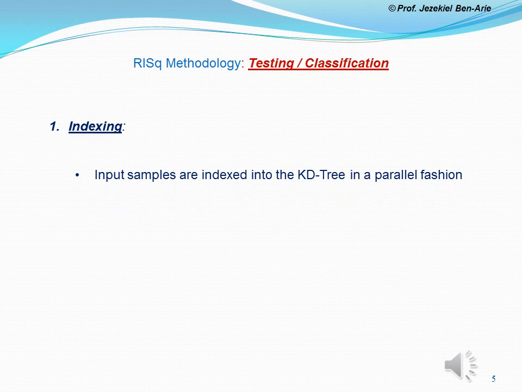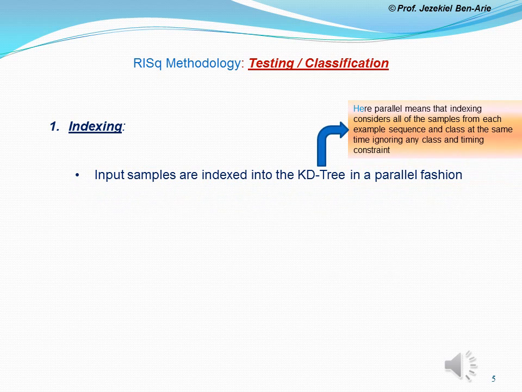Now we shall discuss the testing or classification procedure in detail. As we mentioned previously, the first sub-step of testing is called indexing. In this step, input samples are indexed into the KD3 in a parallel fashion.